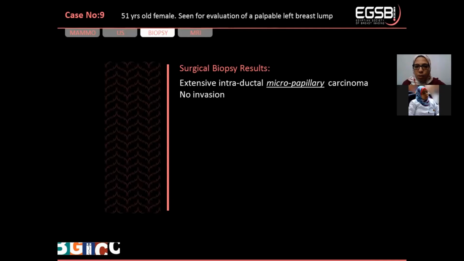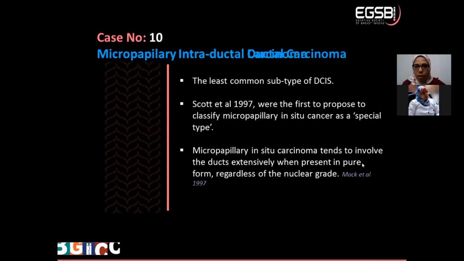Her surgeon performed a surgical biopsy for a more accurate diagnosis, and it was very accurate. And this is a very rare case, actually.